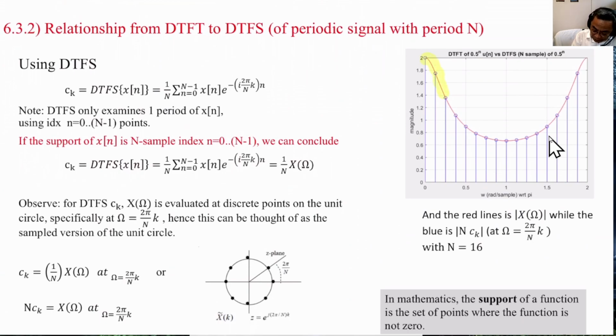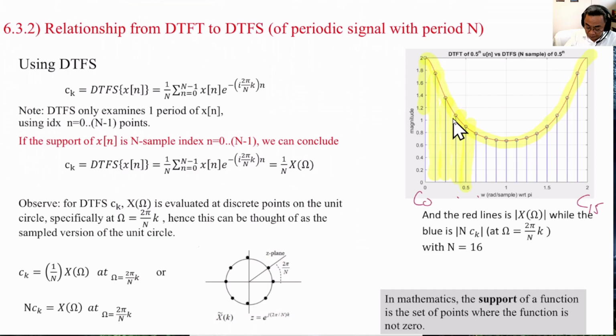The red line over here is the DTFT of x[n], the aperiodic x[n]. And here, all these blue lines are the c_k for c_0 to c_15. If you count the number of lines, it's exactly 16 lines, dividing 0 to 2 pi into 16 different parts.